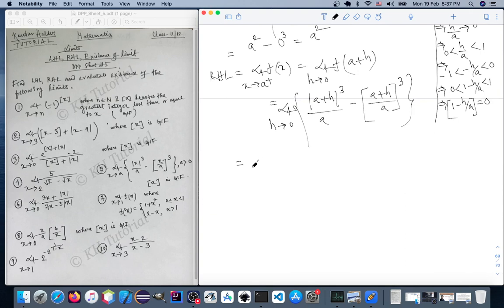This becomes limit h tends to 0. h tending to 0 implies a plus h also tends to a, which implies mod of a cube tending to a cube.